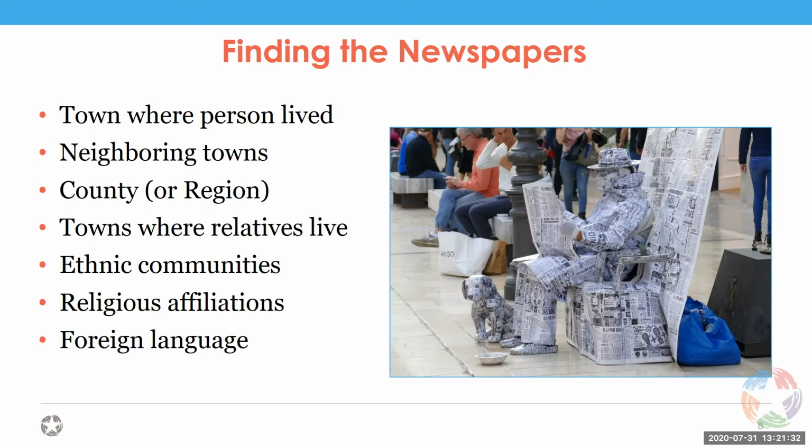They may have had a newspaper that covered their community, and it might have also been in their language. It may have been in Romanian, or there may be a Polish community, or an Italian community or a German community. Texas had a couple of German colonies, so you had newspapers serving those communities that may have been in German.